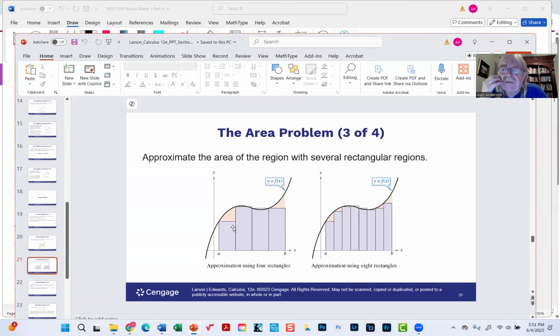In the diagram on the right, as we shrink the widths of these rectangles, and there are more and more of them, you can see the area is getting closer. The purple is getting closer to the orange. If we keep shrinking the width of the rectangles, eventually the rectangles will match the area under the curve.